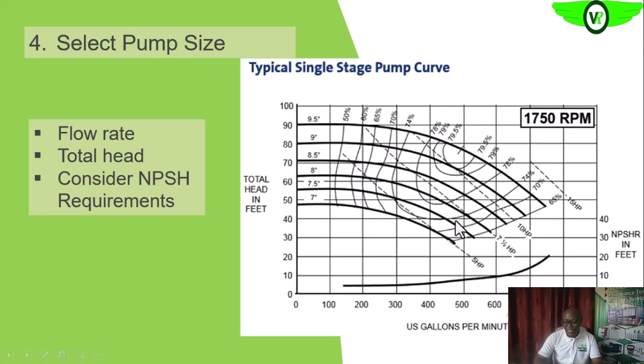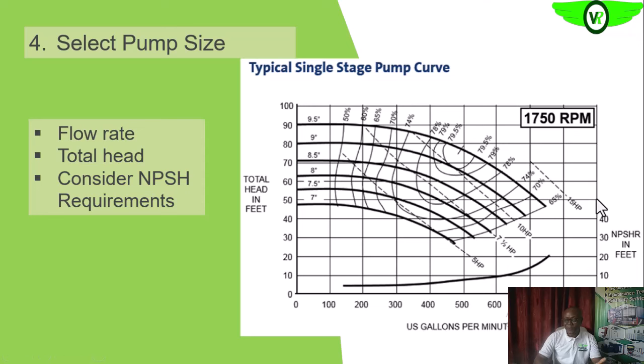Assuming now that what we selected is this 5 horsepower pump, at this flow rate, which means that we have the intersection at around here, and the net positive suction head required is about 50.